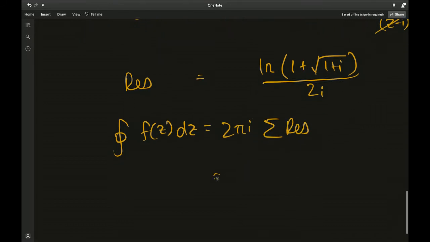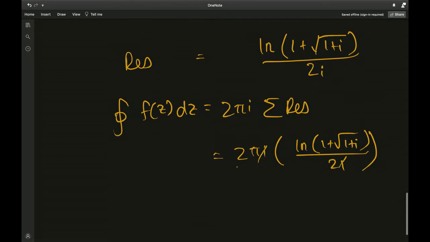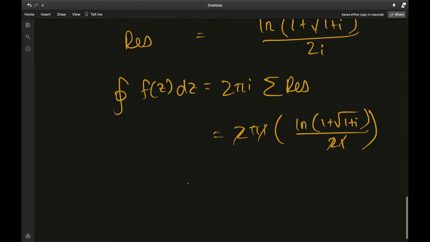We have only one residue, so the sum of residues is just this guy, natural log of 1 plus square root of 1 plus i divided by 2i. So the i's cancel out, the 2's cancel out.